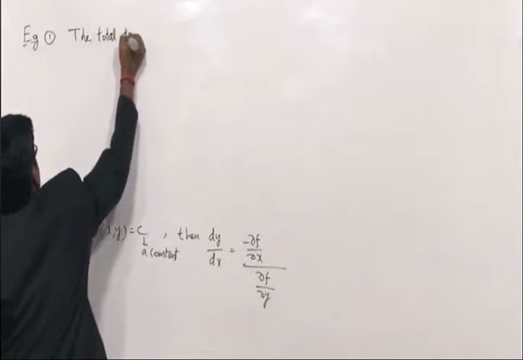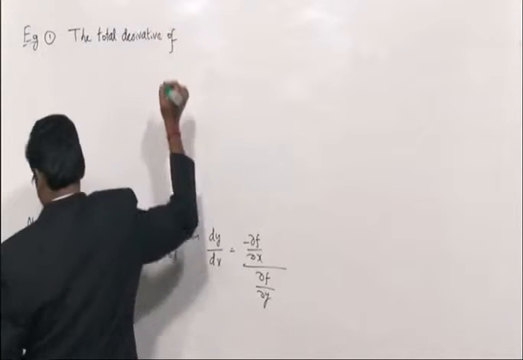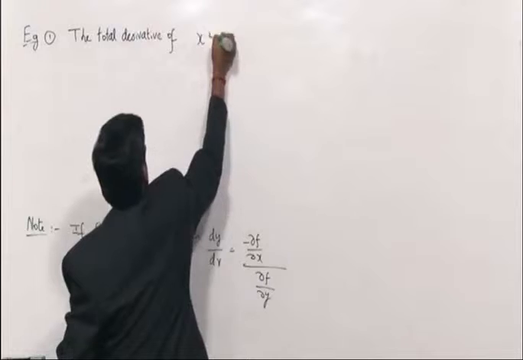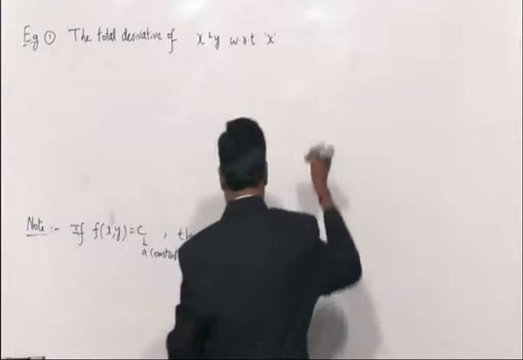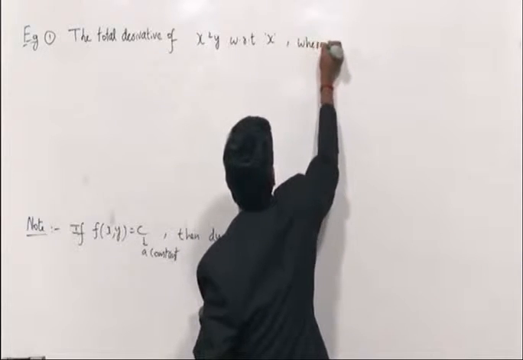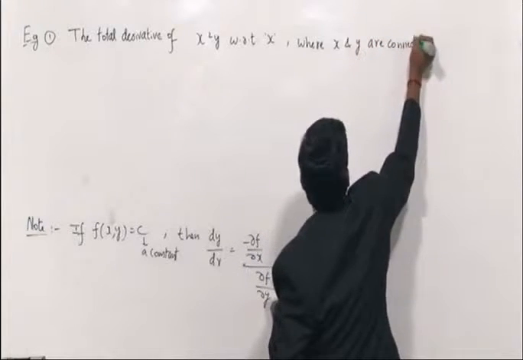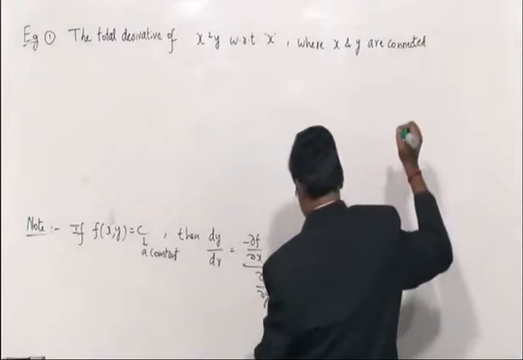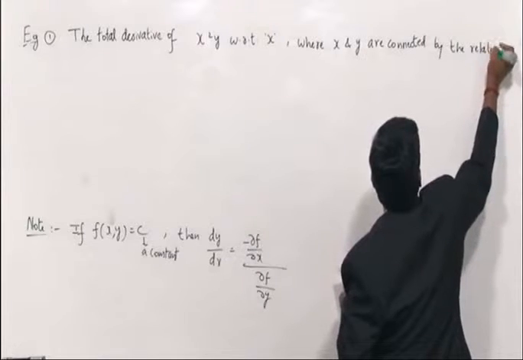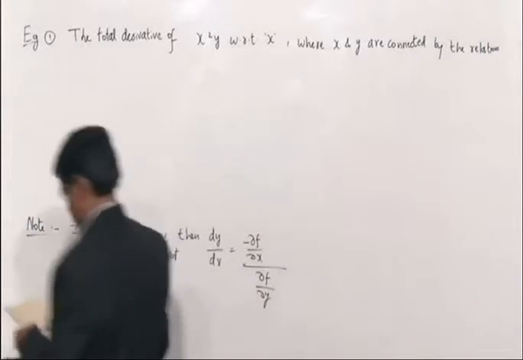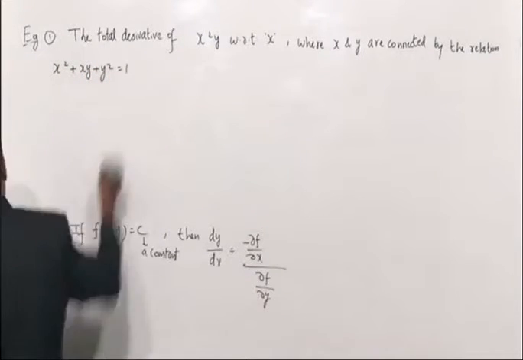The total derivative of x square y with respect to x, where x and y are connected by the relation x square plus xy plus y square is equal to 1.